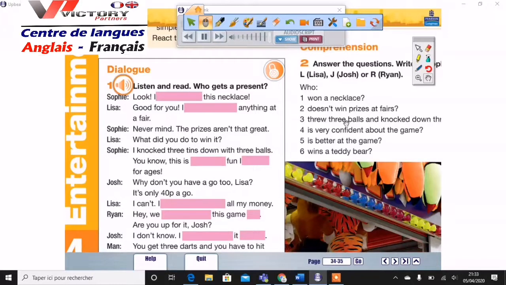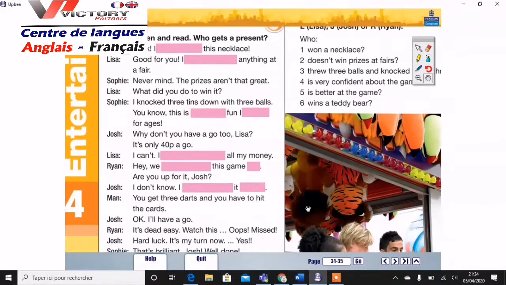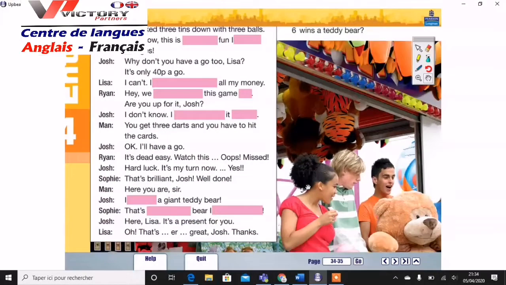Look, I've just won this necklace. Good for you. I've never won anything at a fair. Never mind. The prizes aren't that great. What did you do to win it? I knocked 3 tins down with 3 balls. You know, this is the most fun I've had for ages. Why don't you have a go too, Lisa? It's only 40p a go. I can't. I've already spent all my money. Hey, we haven't tried this game yet. Are you up for it, Josh? I don't know, I haven't done it before.